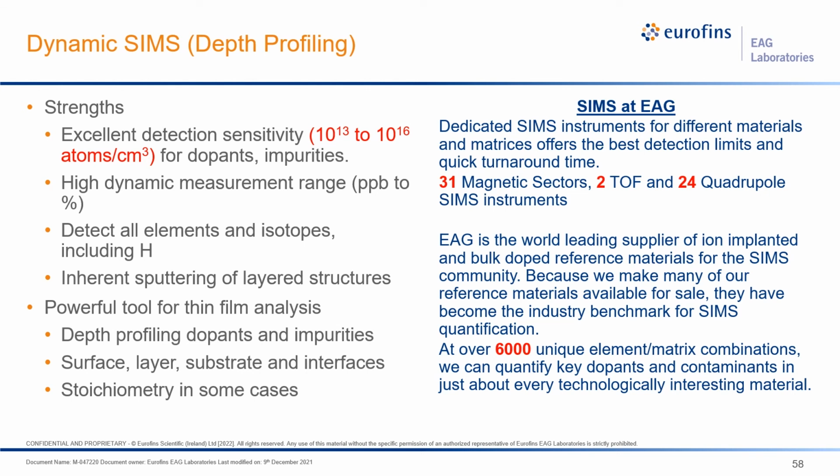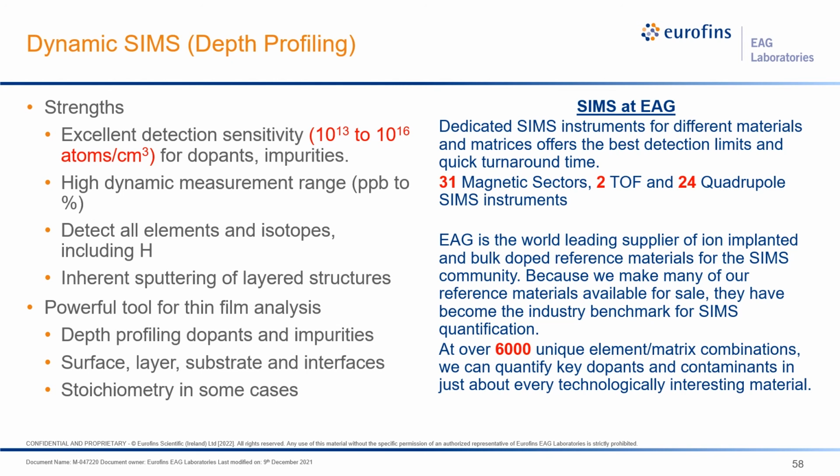Why would you use EAG for SIMS analyses? Well, EAG has over 50 SIMS instruments for all types of mass spectrometers designed to do best detection limit or best measurement, and quickest turnaround time. And more importantly, as I was describing to you, SIMS measurement needs to be quantified to be meaningful, and getting reliable information for your epitaxial materials.